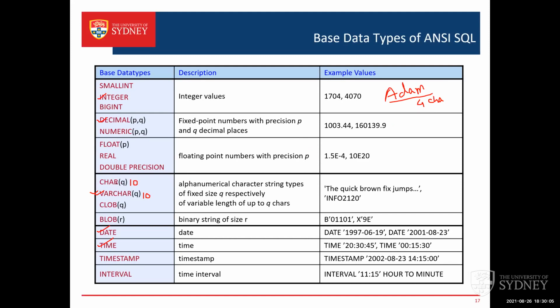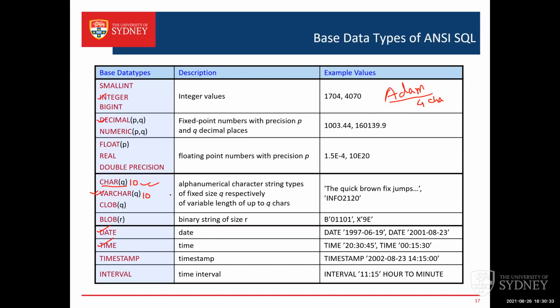So if I declare this one as character 10, and I'm inserting Adam, what it will do is store these 4 characters, and then fill up the rest of the 6 with spaces. So it will always have a size of 10 characters when I'm declaring character 10. But with varchar, if I insert Adam with 4 characters, it will be 4 characters.